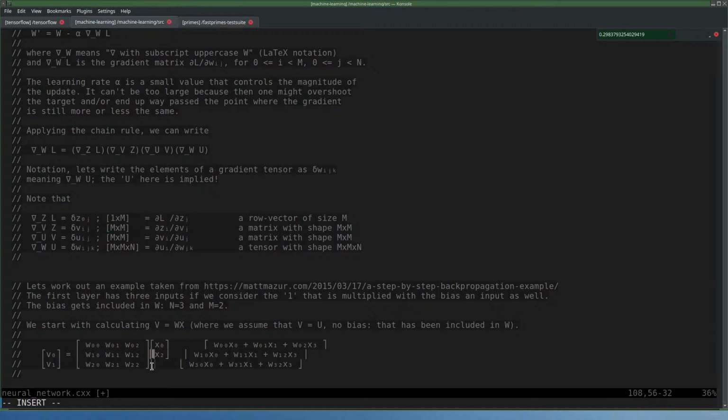I should not have removed that one. So this becomes a 1, and this is that thingy, and this must be in subscript 1.